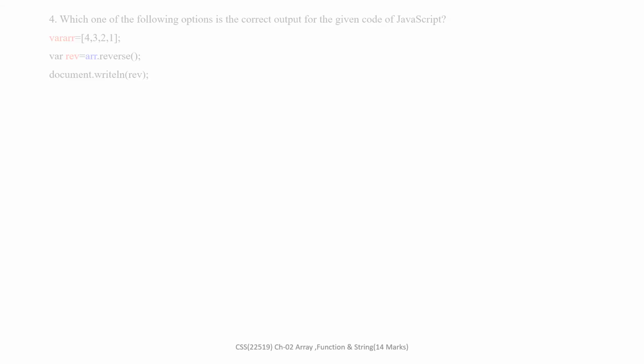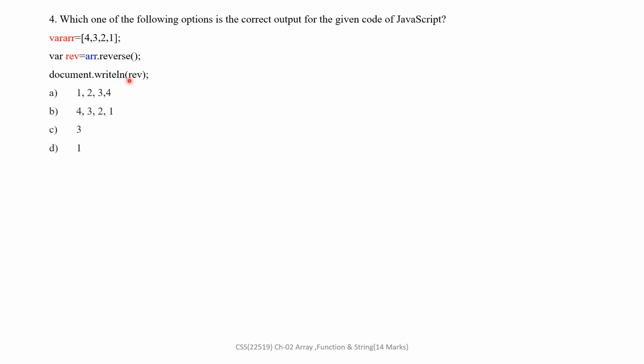Now we will see the next MCQ. Which one of the following options is the correct output for the given JavaScript code? This is the JavaScript statement where arr is equal to 4321, reverse is equal to array.reverse, document.writeln reverse.